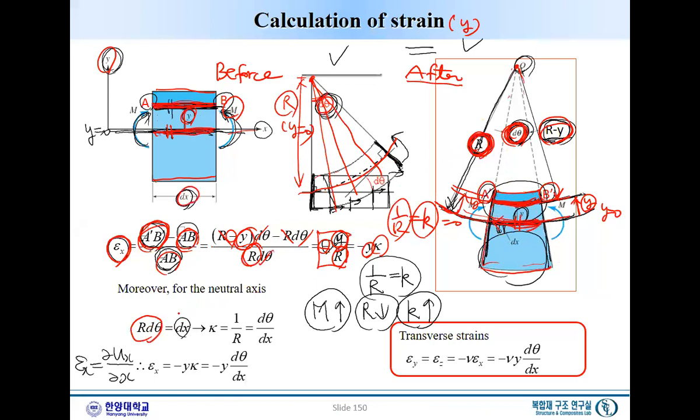So R times d theta is nothing but dx. So here comes a very important equation: 1 over R is d theta over dx, which is defined as K. Please keep in mind that K, 1 over R, and d theta dx all have the same physical meaning.